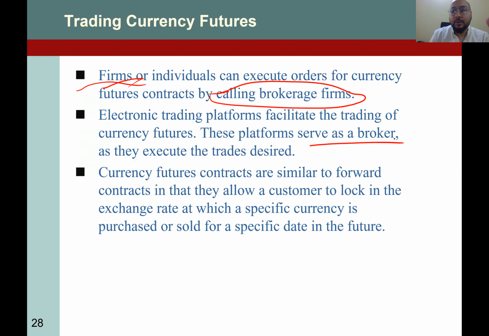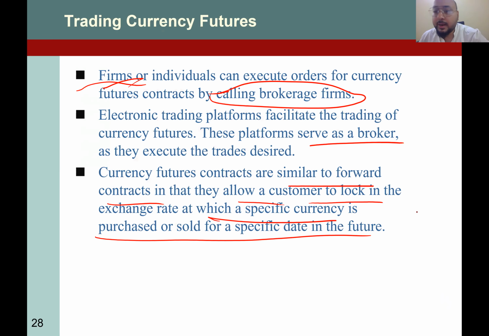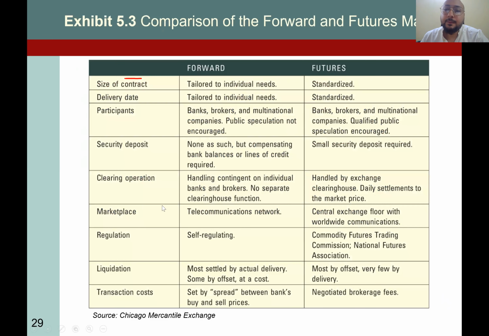So currency futures contracts are similar to forward contracts in that they allow the customer to lock in the exchange rate at a specified rate and at a specified date in future. The only difference is the size of the contract. Forward is customized. Future is standardized.